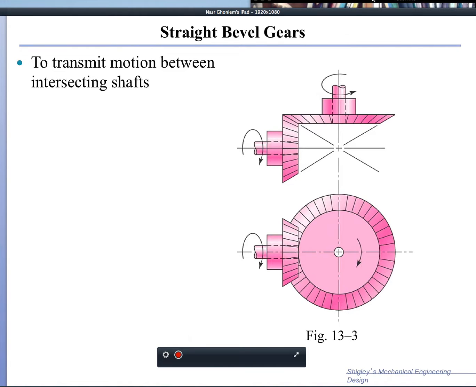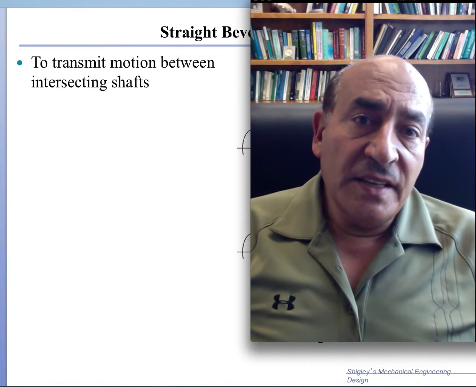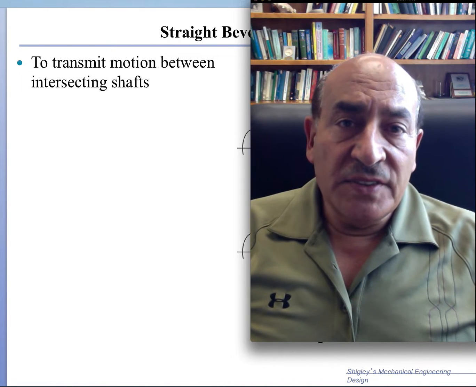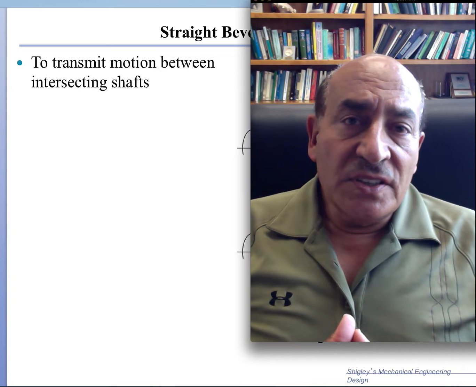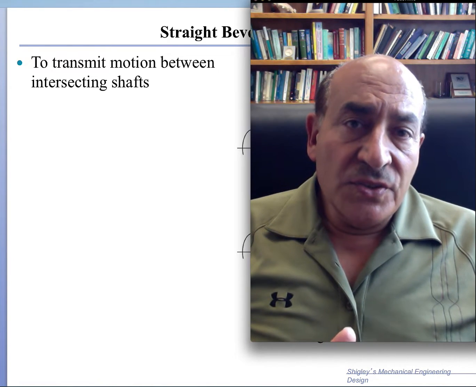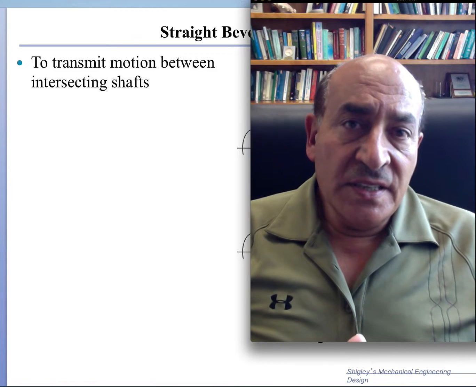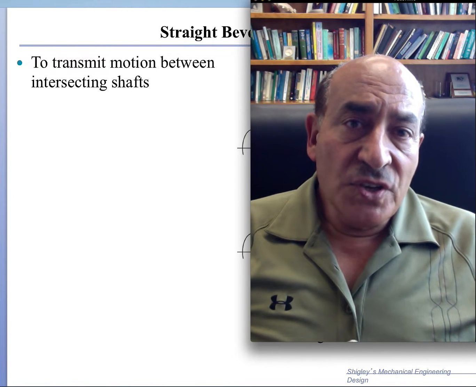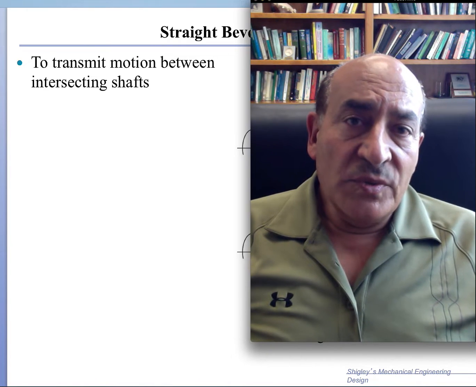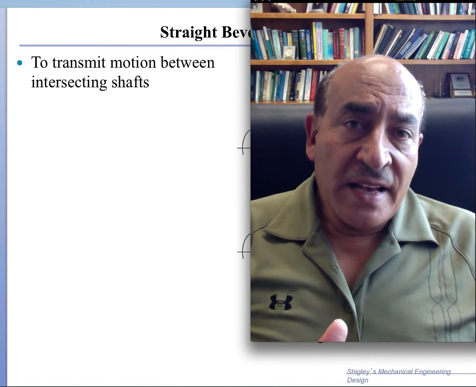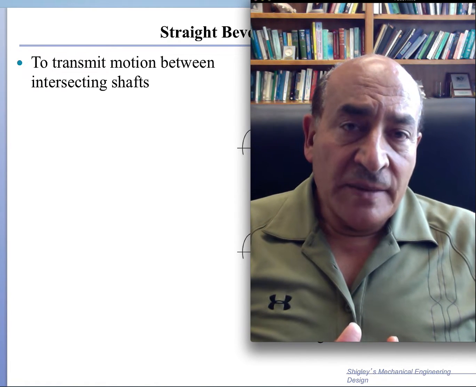Okay, so up to now we have a good idea about how to select the number of teeth on a gear and how to find the proper gear ratio. As we mentioned earlier, one of the objectives is to reduce speed, as you'll see in the design project that we will assign. In the design project, we will have an input RPM, and we want an output shaft that has a much lower RPM.